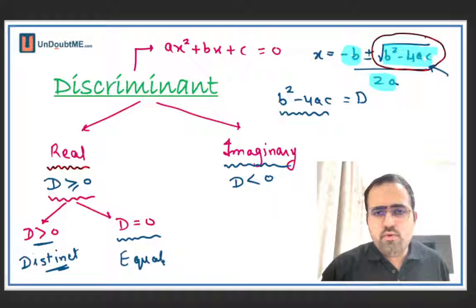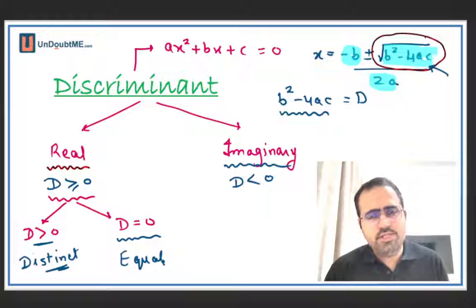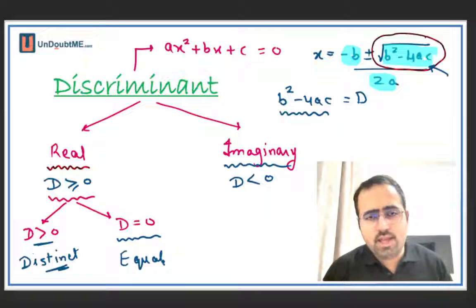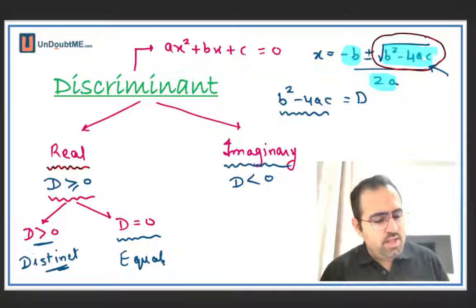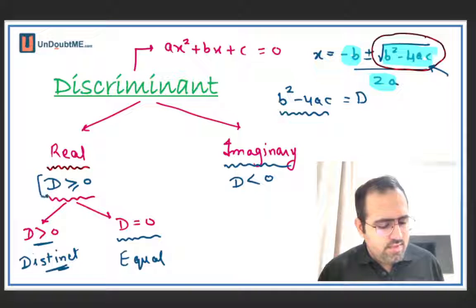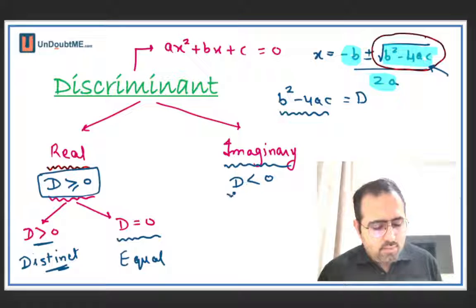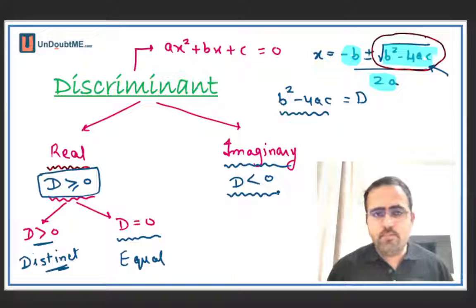Equal roots means they have the same value but they are still real. So in the real case there are two subcategories, one is real and distinct, the other is real and equal. They both exist when the value of d is greater than or equal to 0. If the roots are imaginary, then d is less than 0.